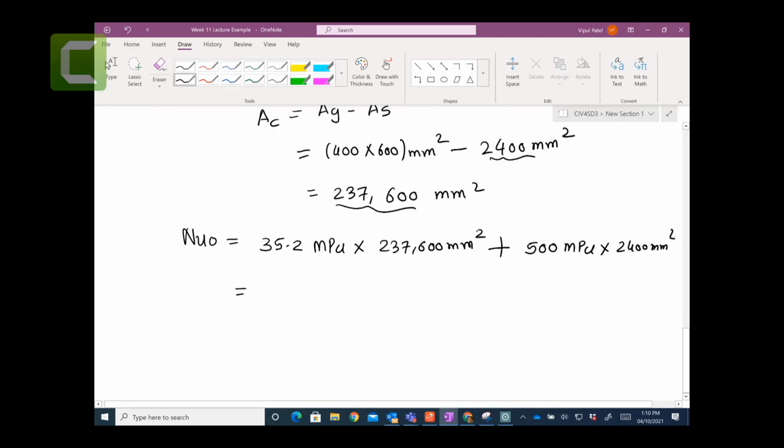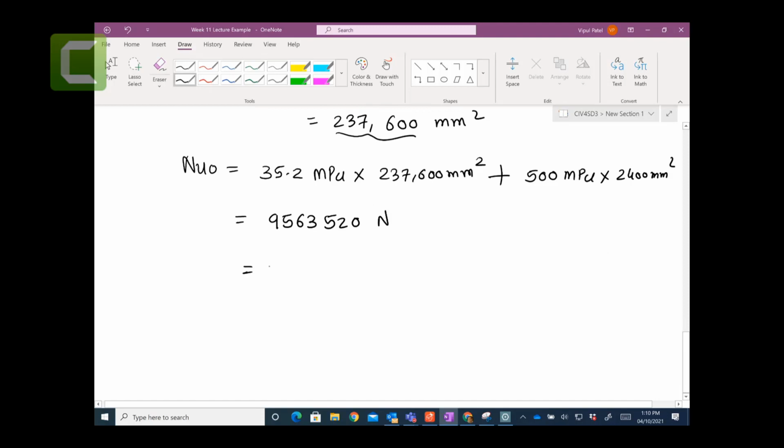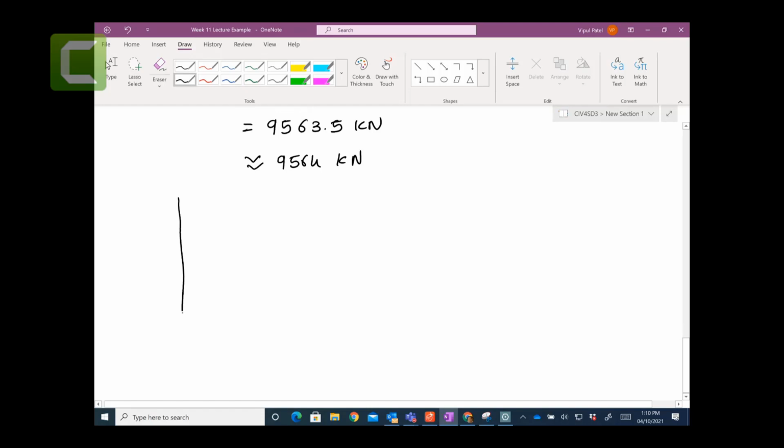So the squash load is 35.2 times 237,600 plus 500 times 2400. You have 9,563,520 newtons, which is about 9564 kilonewtons. So the first point is easy: moment is 0, load is 9564 kilonewtons.